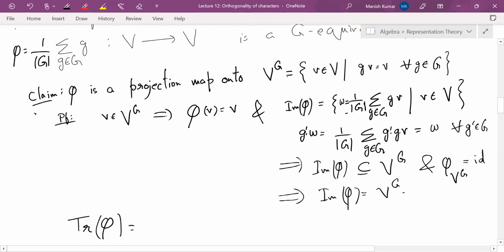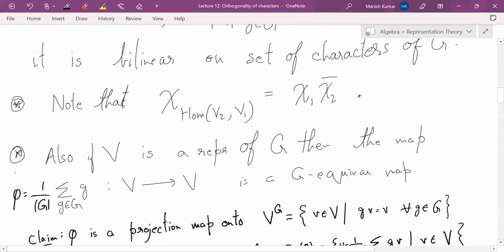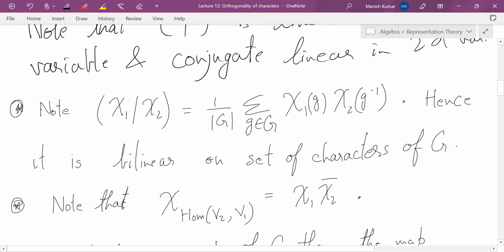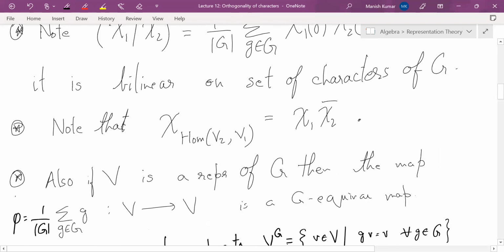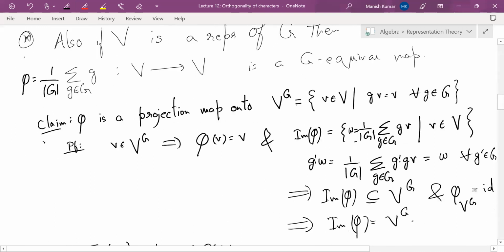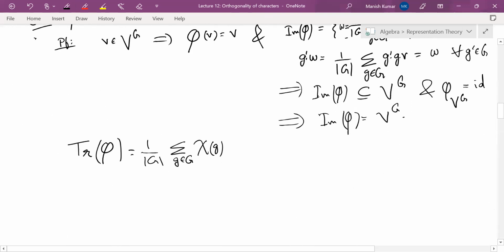The trace of phi is 1 over the size of G, so the claim is done. Now I'm just trying to compute the trace of phi. So this gives us the formula: it's summation g in G, trace of g, which is chi of g. So it relates to this function, but with one representation instead of chi1 chi2, chi1 g chi2 g inverse. So the trace of phi is this guy.